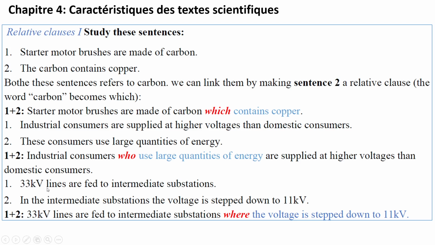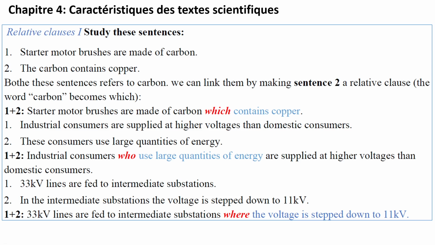33 kilovolt lines are fed to intermediate substations. In the intermediate substations, the voltage is stepped down to 11 kilovolt.